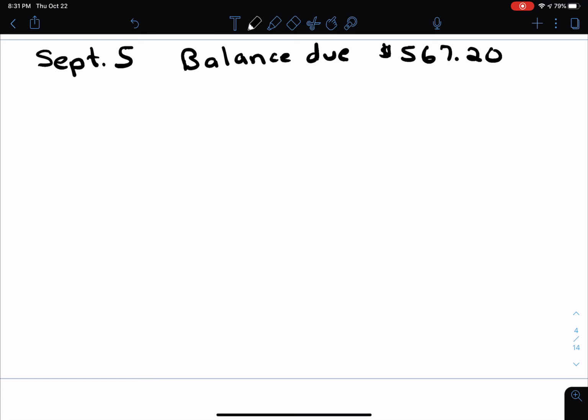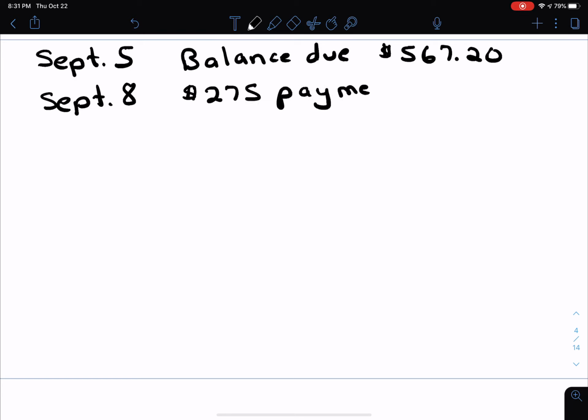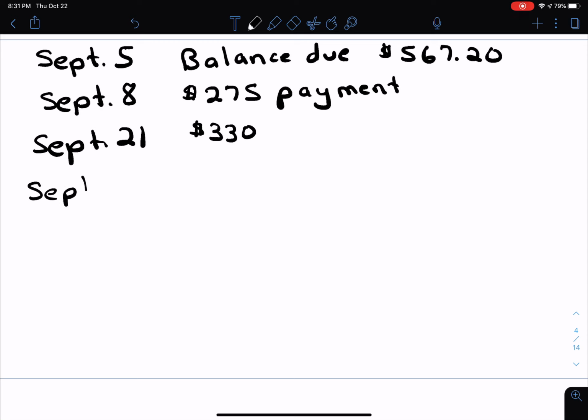But the person who has this card on September 8th makes a $275 payment. Then on September 21st, has a $330 charge. September 27th, these are all going to be charges. And October 2nd, there's going to be charges too.